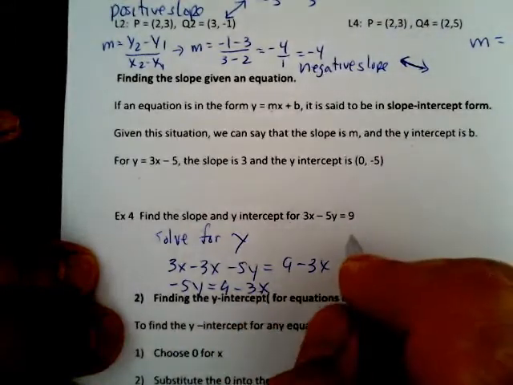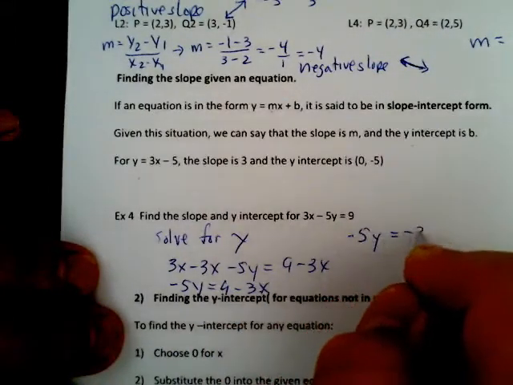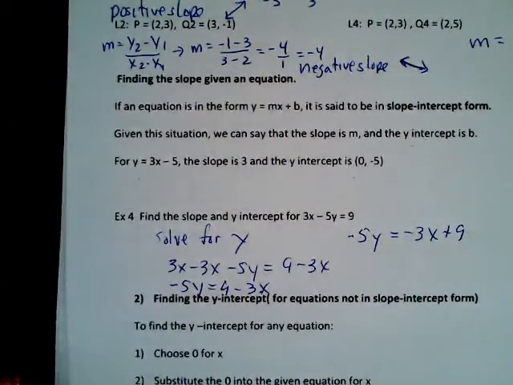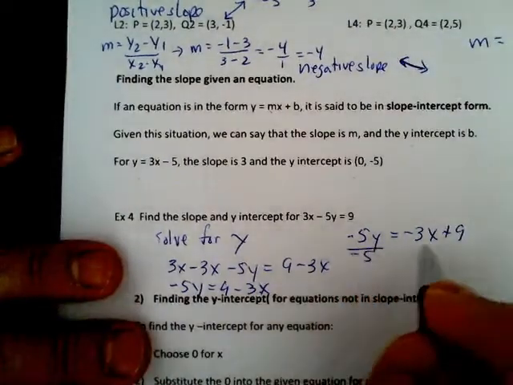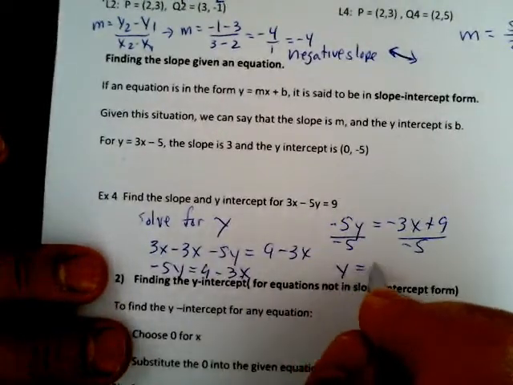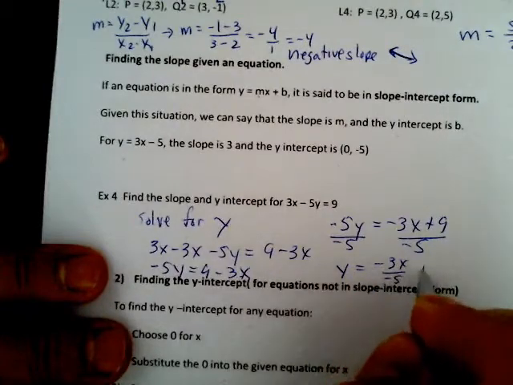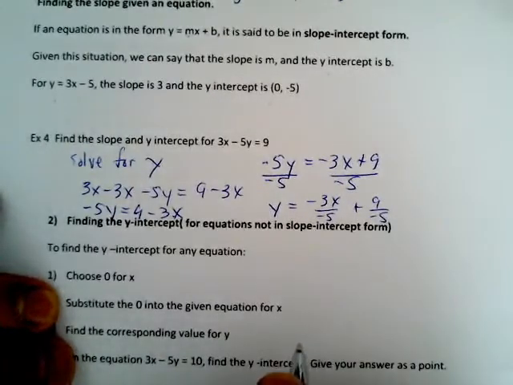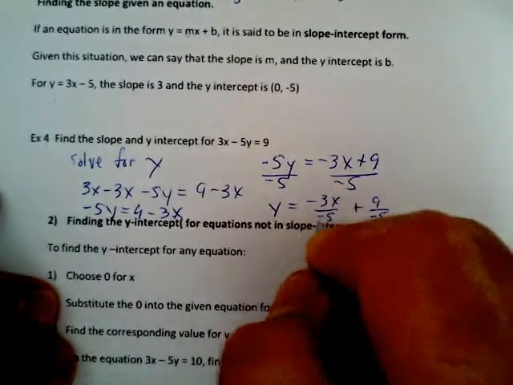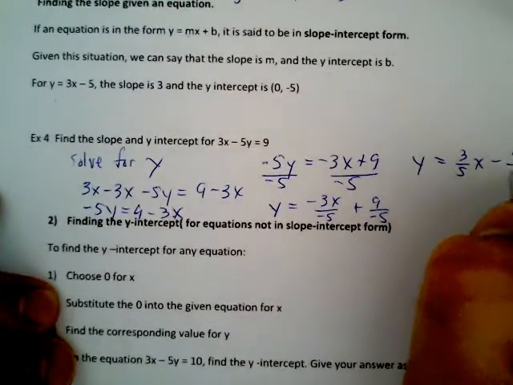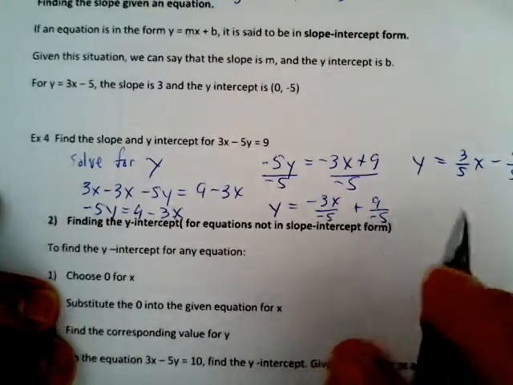Reorder these terms so my x term can be first. Now divide both sides by negative 5. And when I do that, I can use the distributive property and distribute this negative 5 to both terms here. Negative over negative becomes positive 3/5, and positive divided by negative is negative.